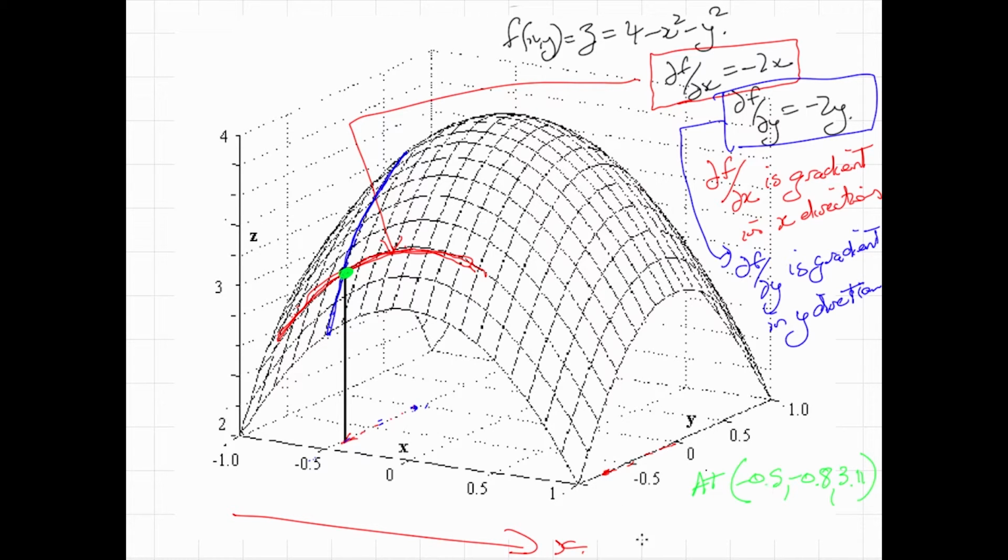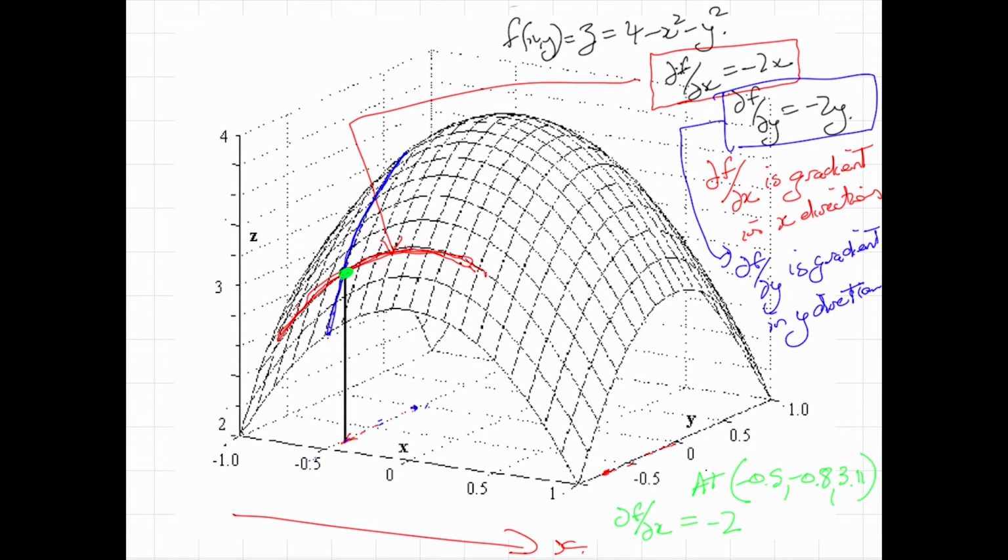So at that point, the gradient going in this direction will be equal to minus 2 times the x value.